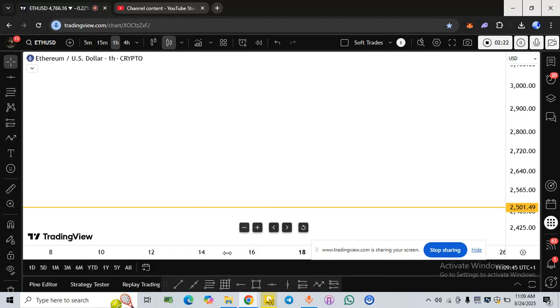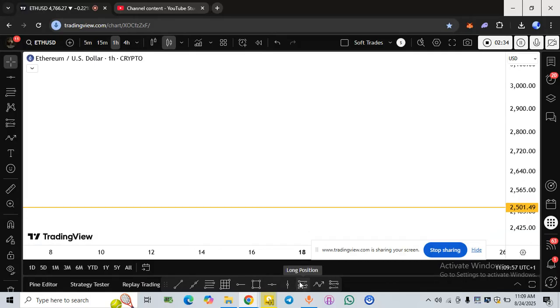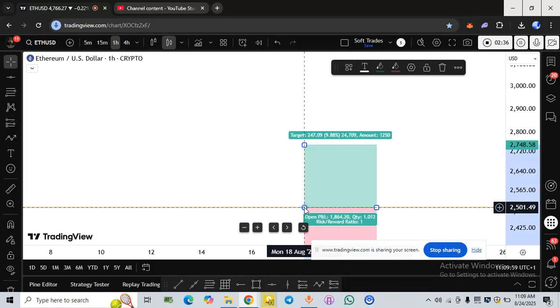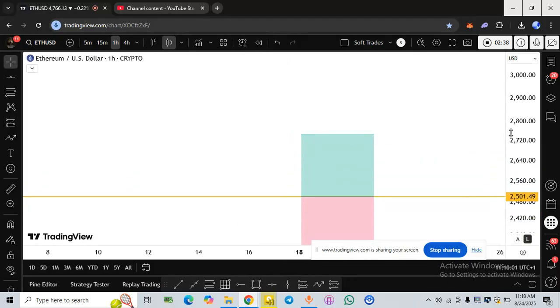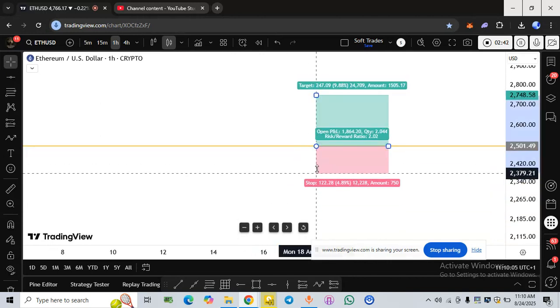Now, the basic aim of being a trader is for you to buy at a lower price and sell at a higher price. So you are aiming to buy a bag of tomato here worth 2,500, right?